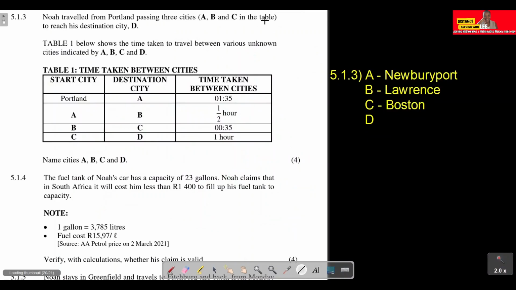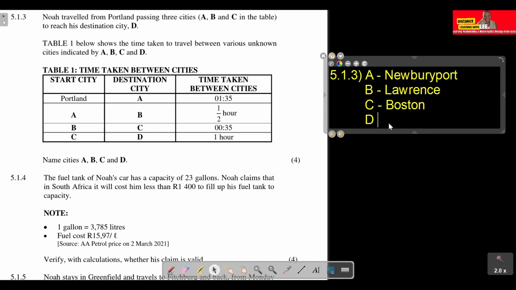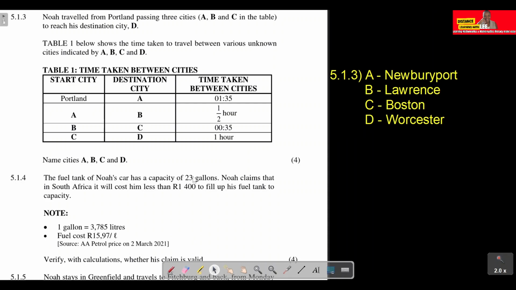So the destination D is actually equal to Worcester. All right, and we are practically done with question 5.1.3. We've named all those cities there.